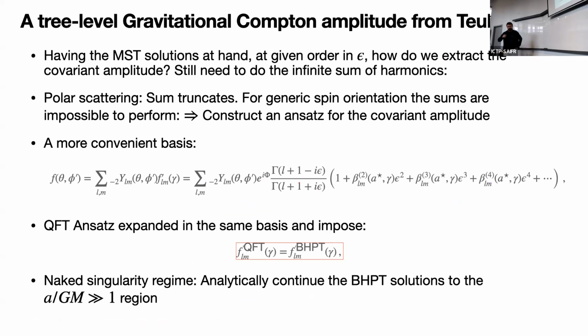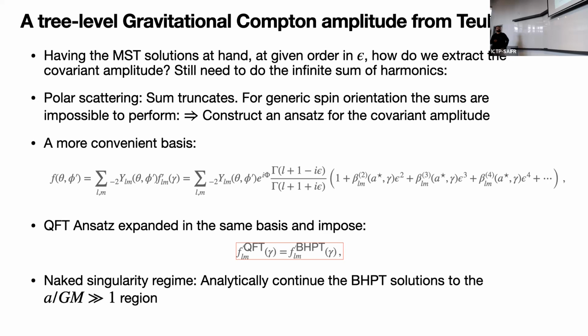Let's say you were able to solve for these coefficients in the low energy limit. You still have to do this infinite sum of harmonics, and in general doing this infinite sum can become very cumbersome. So what you can do is go to a better basis.